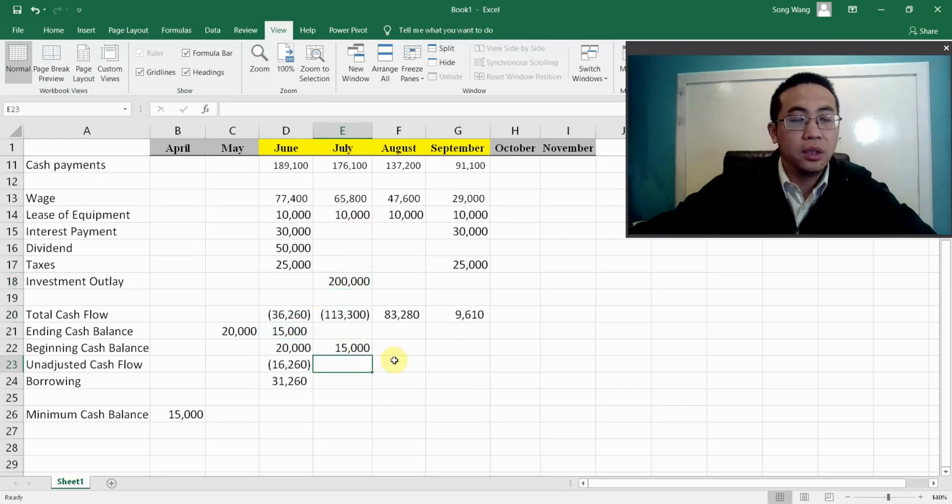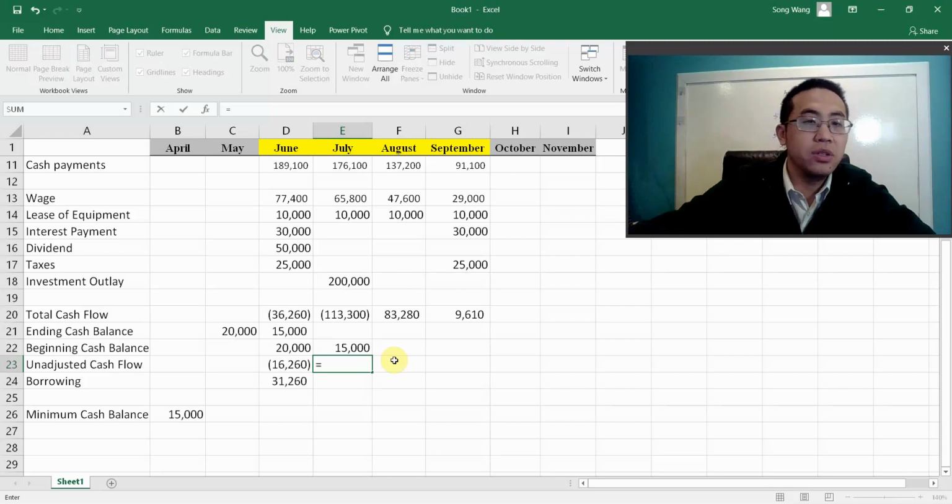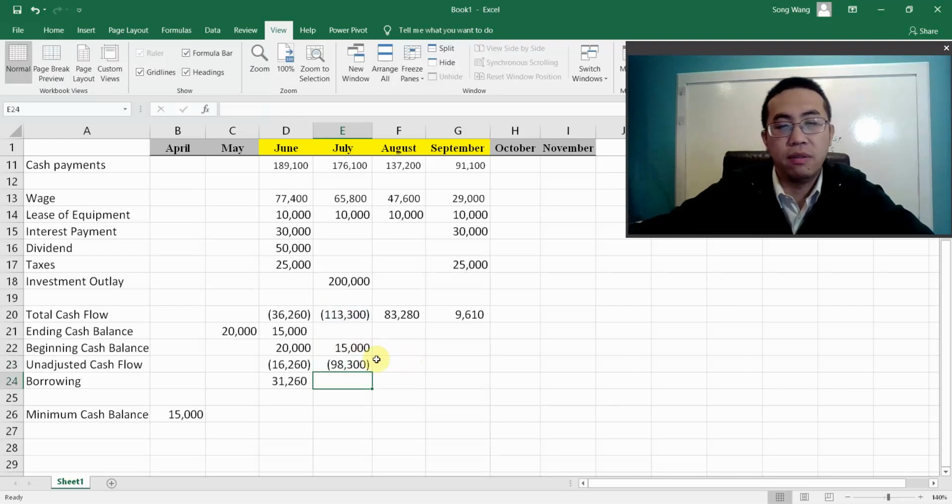So what do I need to do? Well, definitely this is going to suck up all of my cash. So my unadjusted cash balance would be this plus the beginning cash balance. So I'm running a hole of $98,300, and then I need to borrow the money.